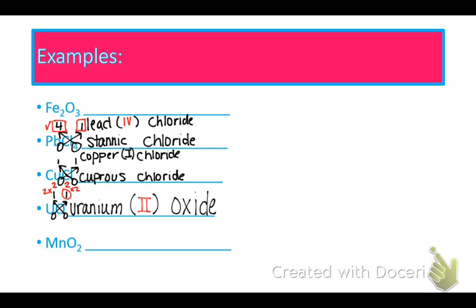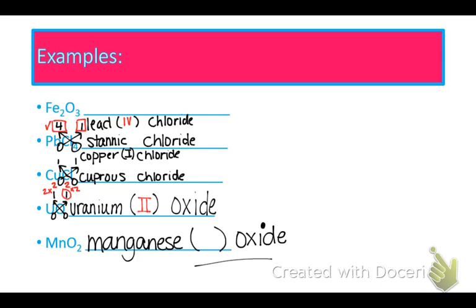The next one is another one just like that. Manganese. Okay. Roman numeral. Again, it needs a Roman numeral, not a special name. Oxide again. So we uncross them. The 2 comes up here. That goes up there. So 1 and 2. You look at it again. Oxygen doesn't make a 1, right?